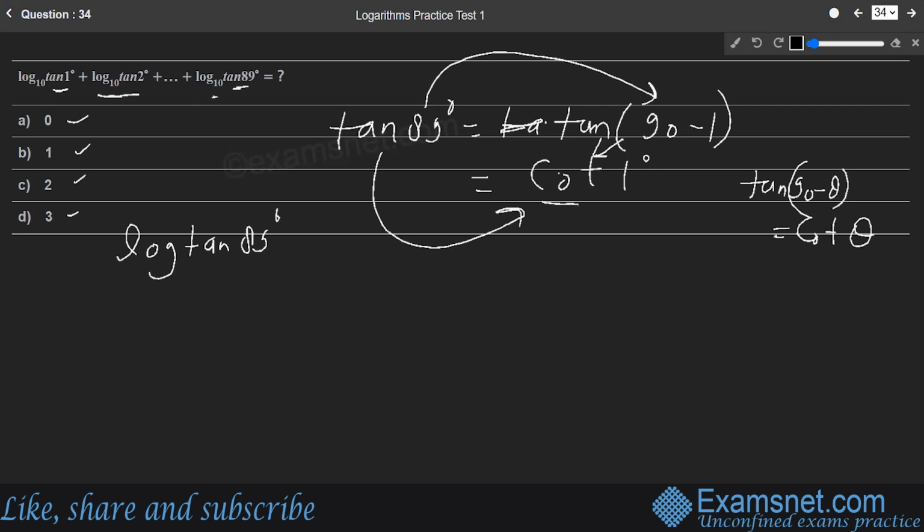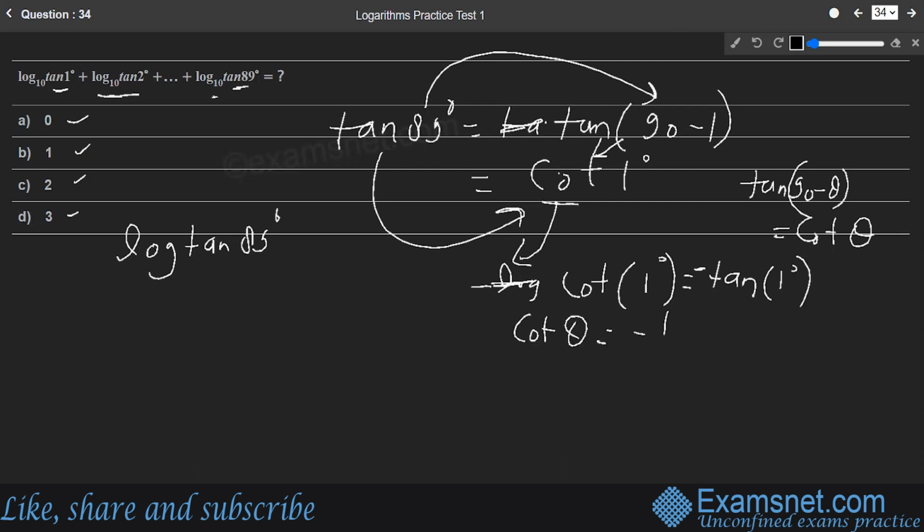Tan 89 can be replaced by cot 1 degree, but cot 1 can again be written in another form. Cot 1 degree can also be written as minus of tan 1 degree, because cot theta is equal to minus tan theta.